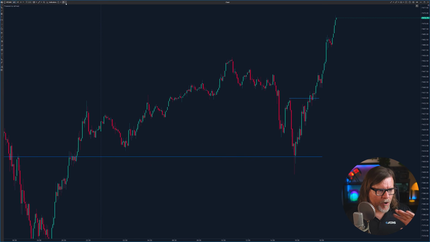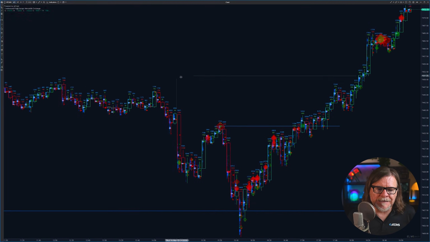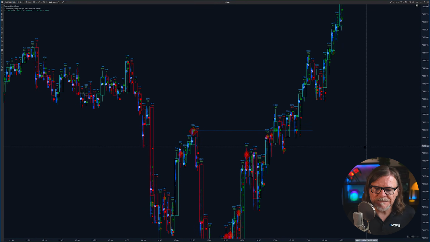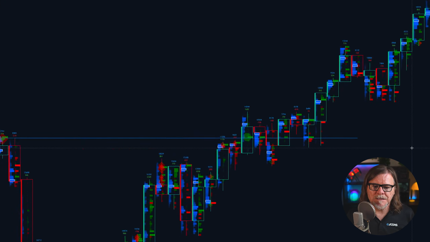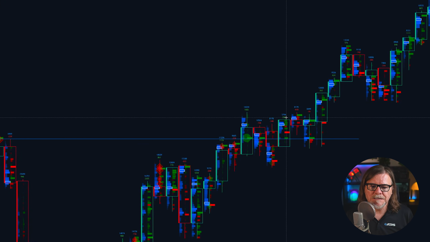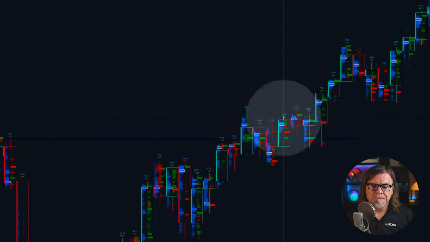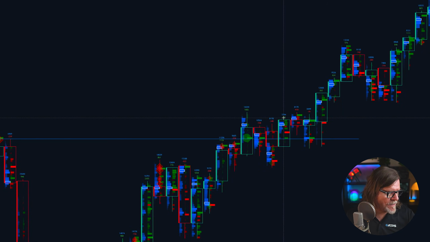I will simply load the template, which is this one, and the point is that you should enter at the candle closing above its VPOC with the green delta. Green delta, these are the numbers above the candle, either red or green. So this candle, obviously, is green delta.